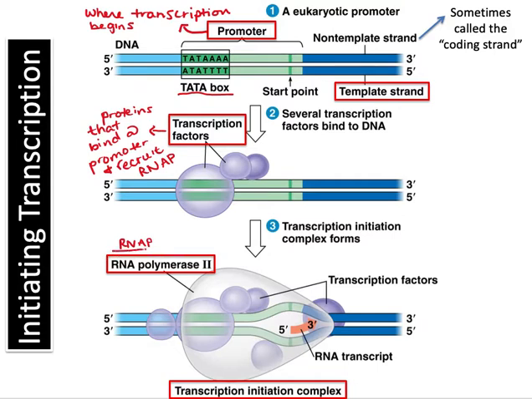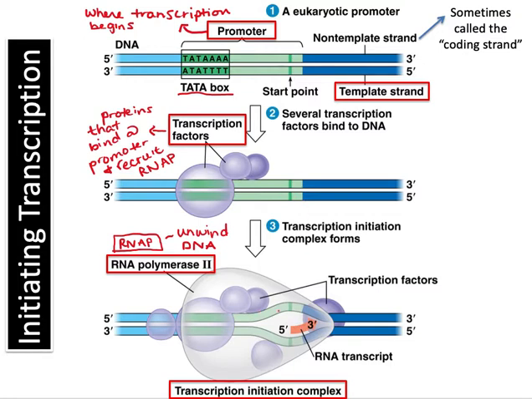Now, RNA polymerase is the important enzyme in transcription. It's going to do two things. Once it's bound at the promoter, it's going to start to unwind the double-stranded DNA, and that way it has access to the template strand so it can start building the RNA transcript.